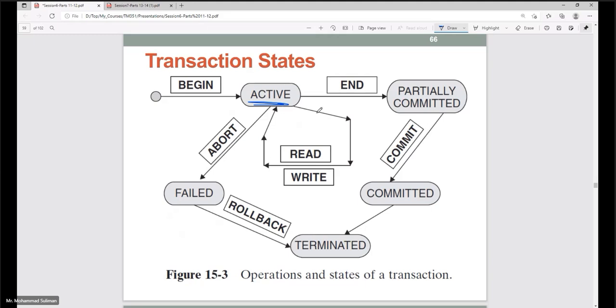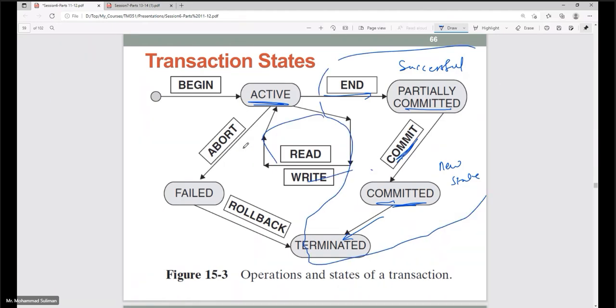After the complete read and write, the transaction goes to the end, partially committed, then committed, and then terminated. This is a successful transaction, which will put the database in a new state. So this part is a successfully terminated transaction.